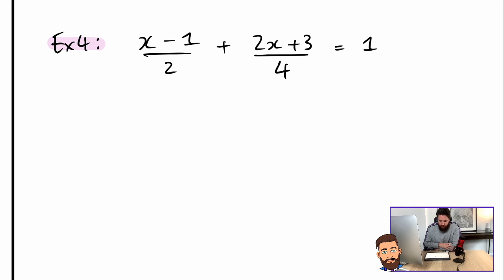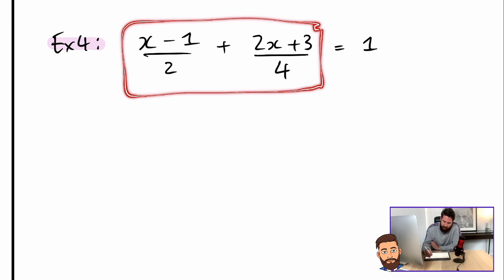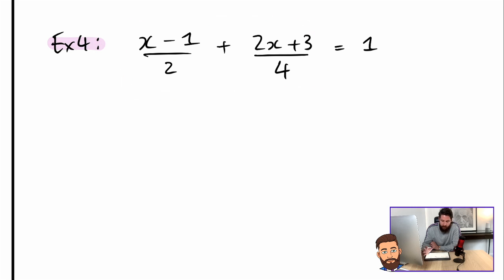The best way for us to approach this question is to realise that we have got 2 fractions, x minus 1 over 2 plus 2x plus 3 over 4 equals 1. So our first problem that we should identify here is we've got 2 fractions that are being added together that have different denominators. And then we've also got fractions that are a problem.